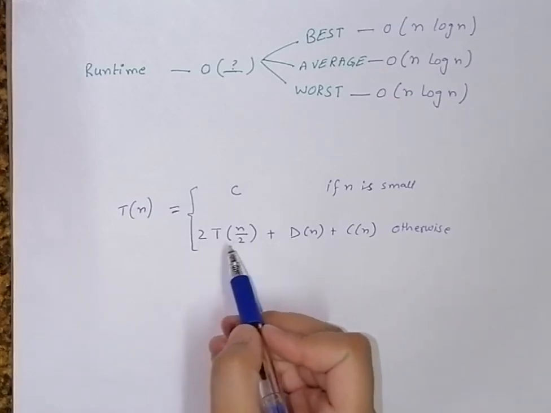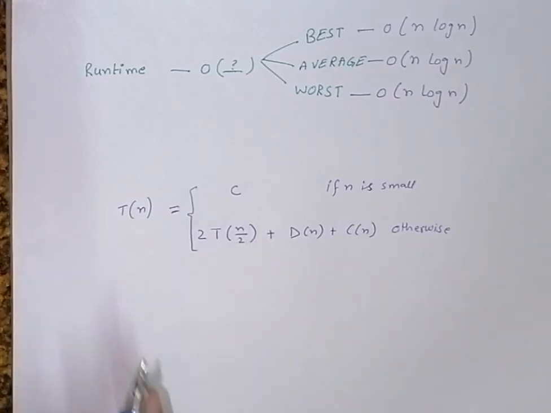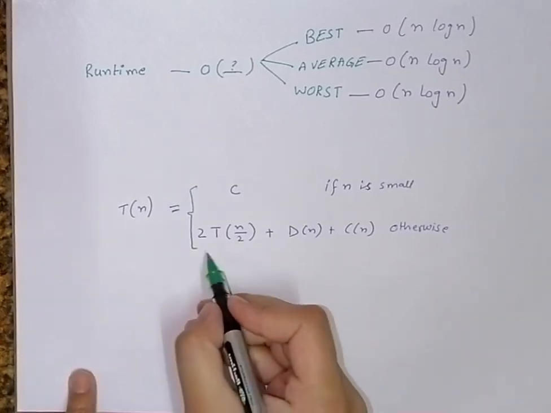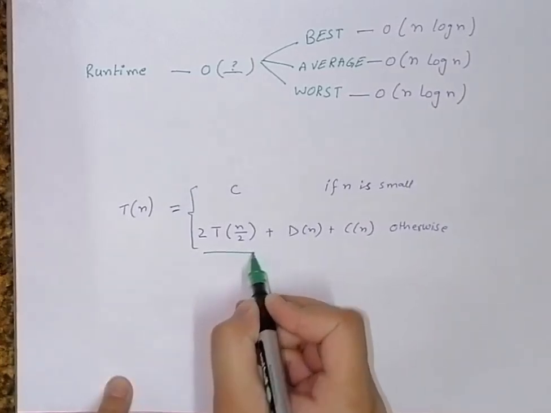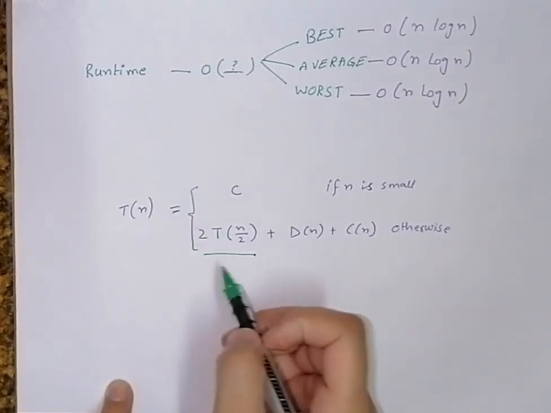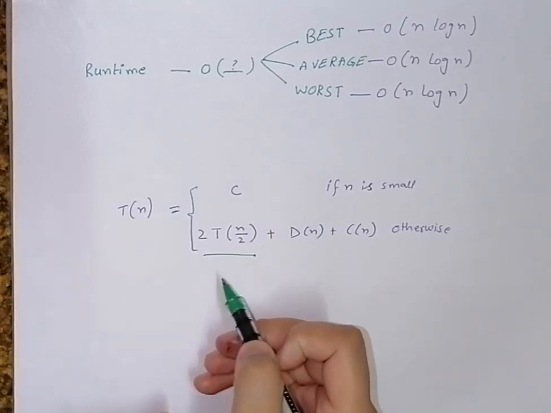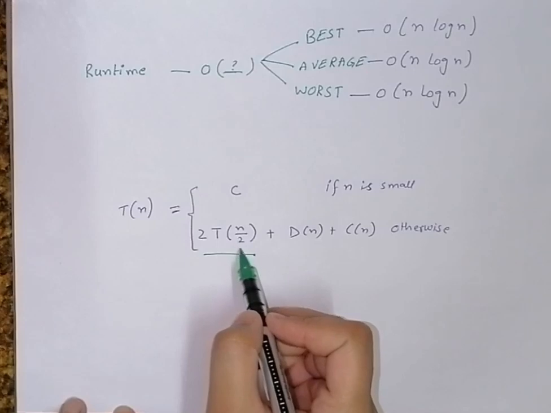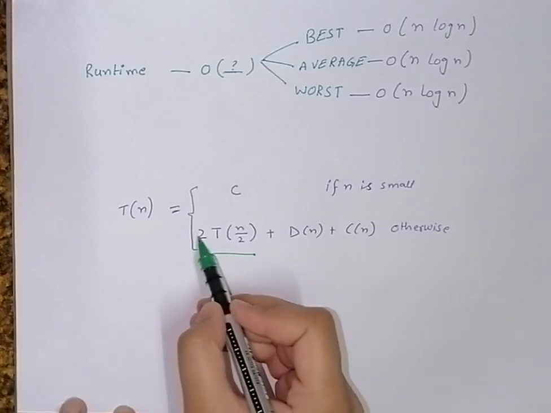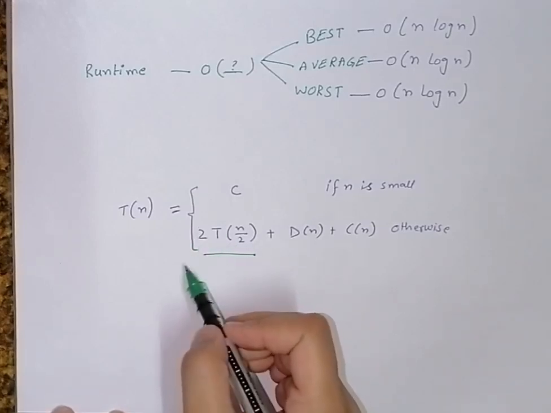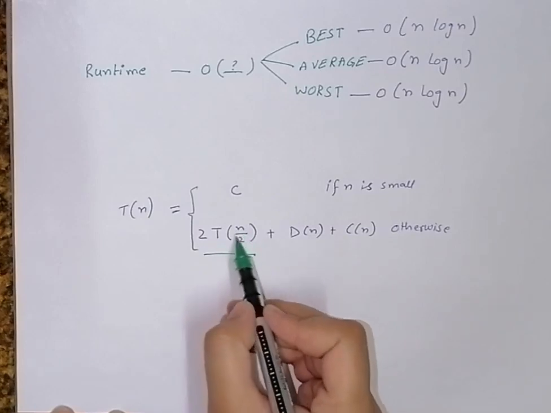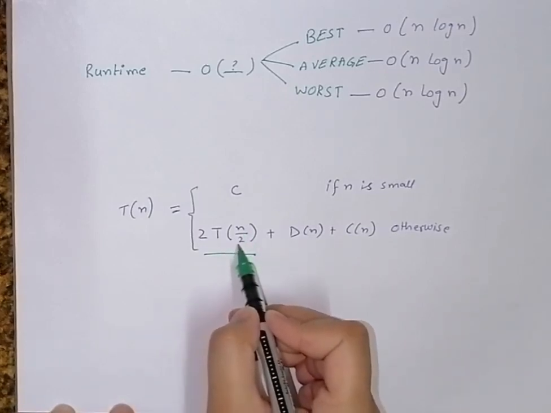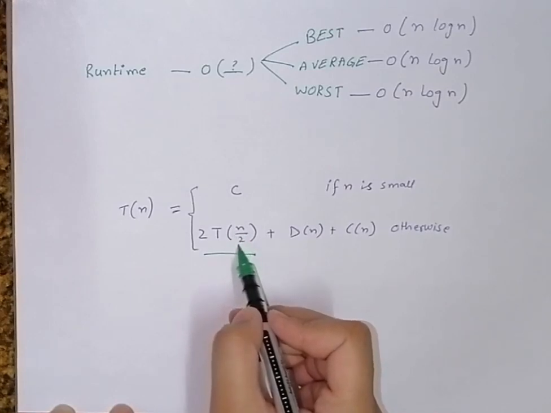Here what does this represent? This basically represents that at every step merge sort divides an array into two parts. This 2 represents that the original array is being divided into two parts, and this n by 2 represents that each part is of size original size of the array divided by 2.